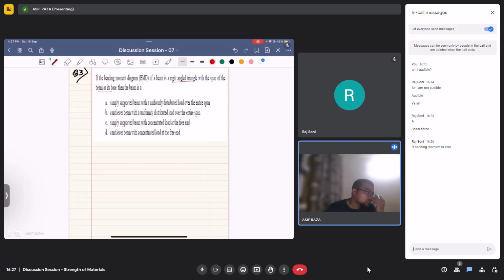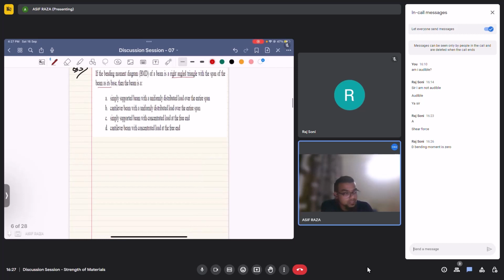Okay, so rather than asking for the correct option directly, we can work around all these four options so that we have a better picture.